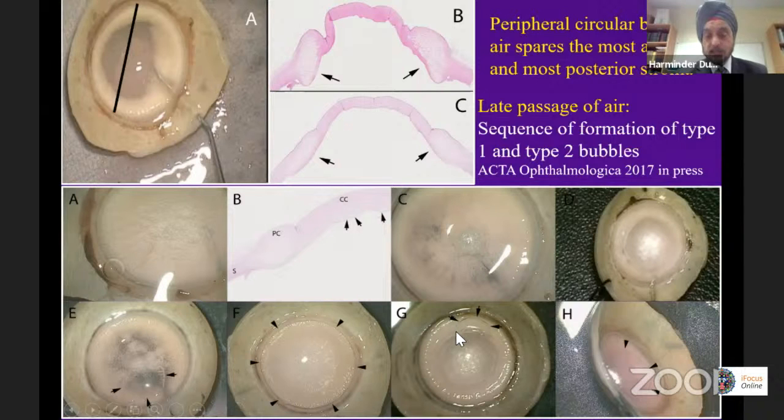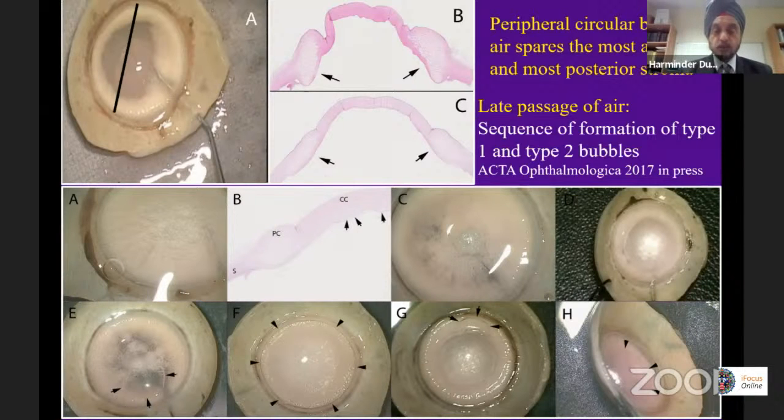Here again, see the type 2 bubble is at the periphery. So, two points. One, which I haven't yet said, is that both Descemet's membrane and the pre-Descemet's layer are impervious to air. Air will fill the entire stroma. It will move anterior-posteriorly and circumferentially, but it will not go through Descemet's membrane, and it will not go through the pre-Descemet's layer.